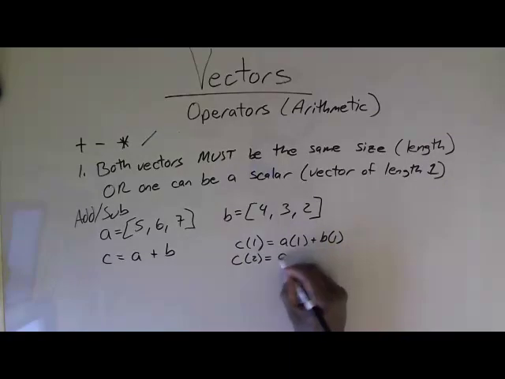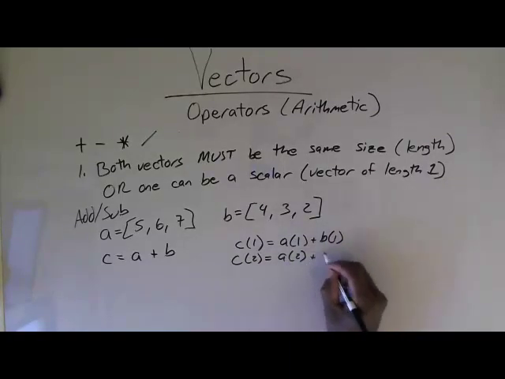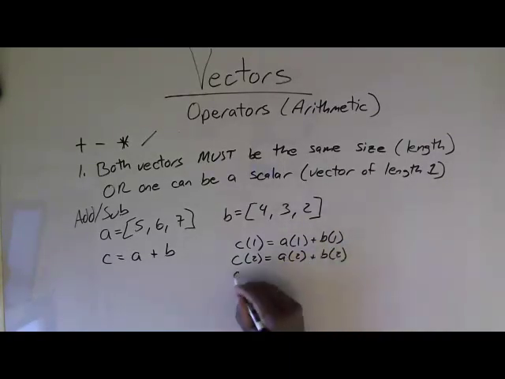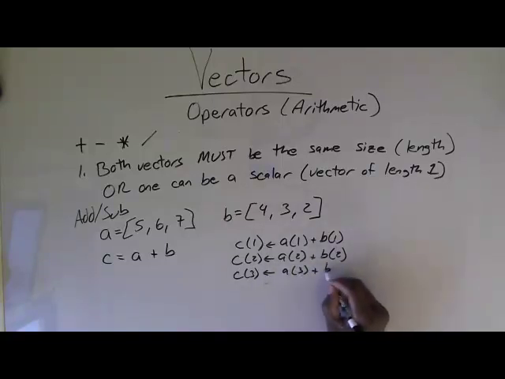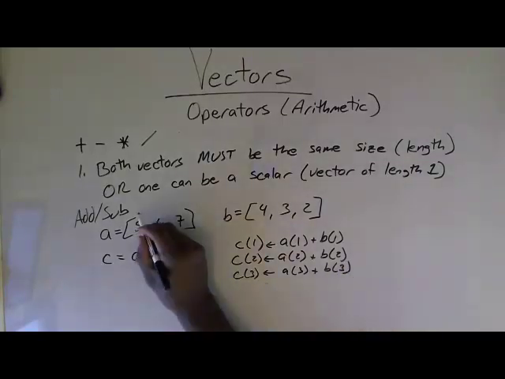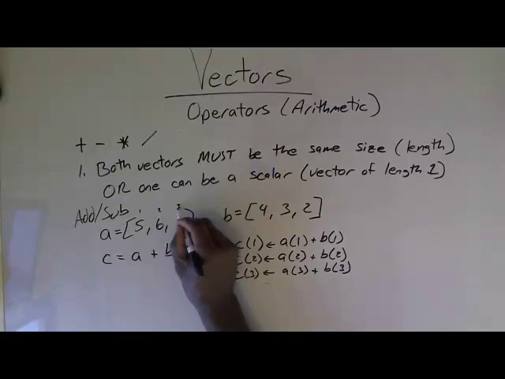C2 is going to get A2 plus B2. C3 is going to get A3 plus B3. And once again, the index is 1, 2, 3.